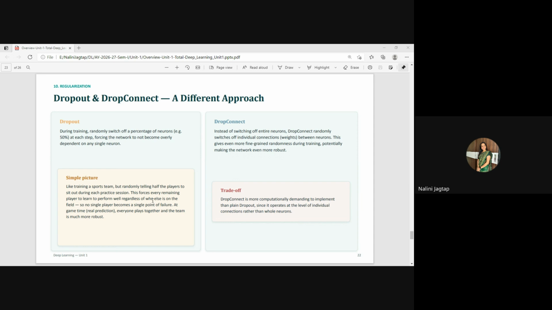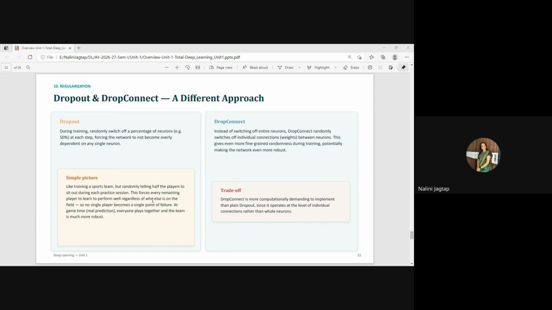Then there is one more strategy, called the drop connect strategy, which pushes this same underlying idea one level deeper. Rather than randomly switching off entire neurons, it randomly switches off individual connections, the specific weighted links between the neurons, creating an even finer-grained form of randomness during the training.